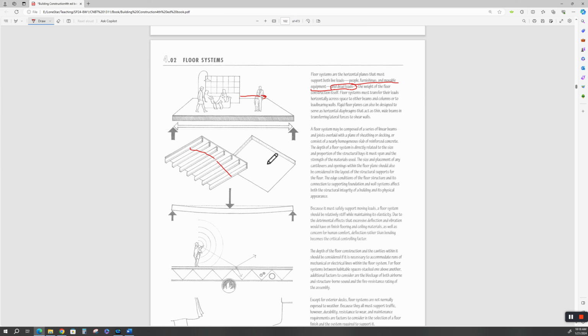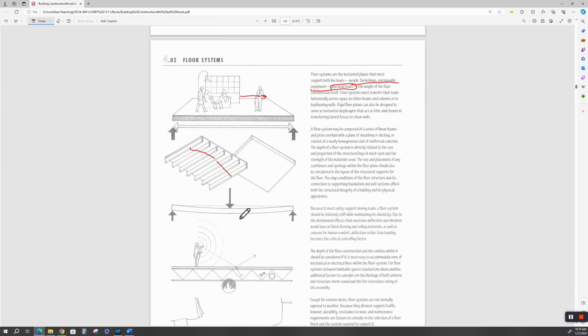They can be composed of anything, a flat plate, beams of wood, steel, or concrete, and all manner of beams, which we will get into at a later date. Not only does it have to support the moving loads, it also needs to have minimal deflection.